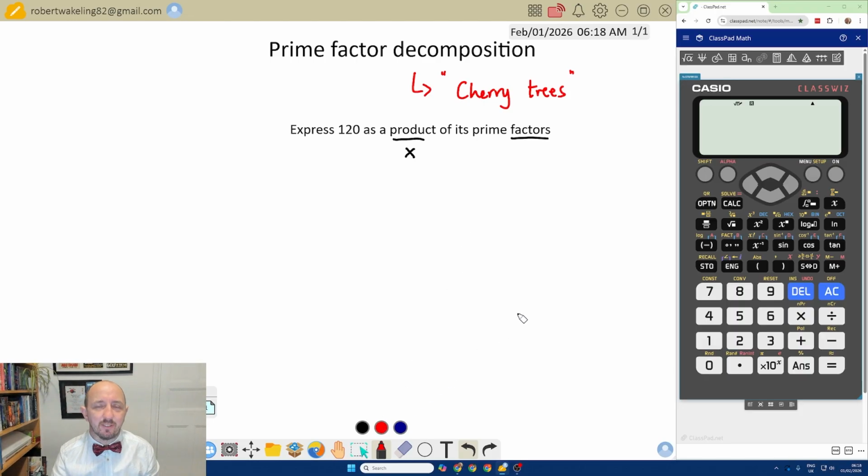You need to know the first few prime numbers. 2, 3, 5, 7 are the most common. These are numbers that only have two factors, one and itself. But one is not a prime number because the definition requires two factors. So the first prime is 2, and 2 is the only even prime number. Every other even number is not prime.